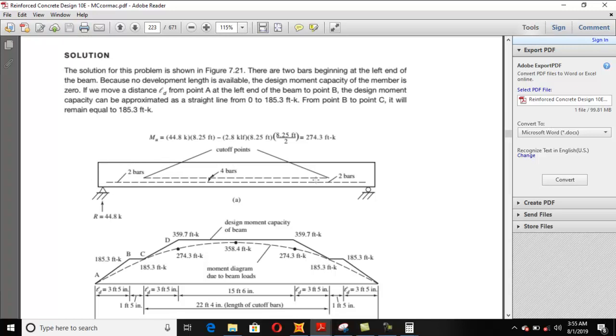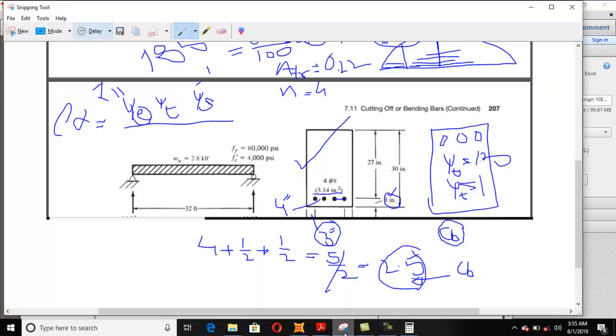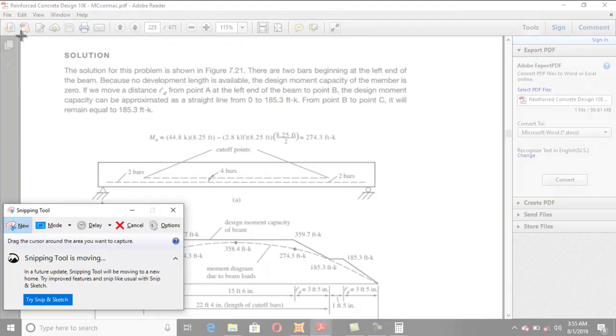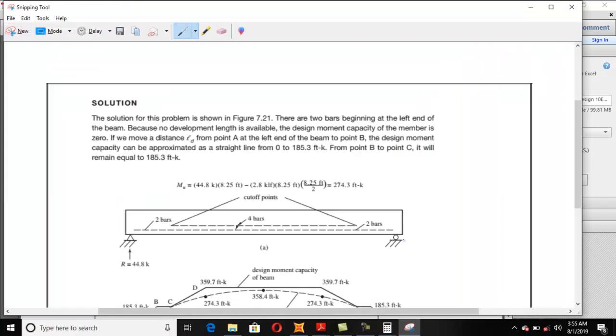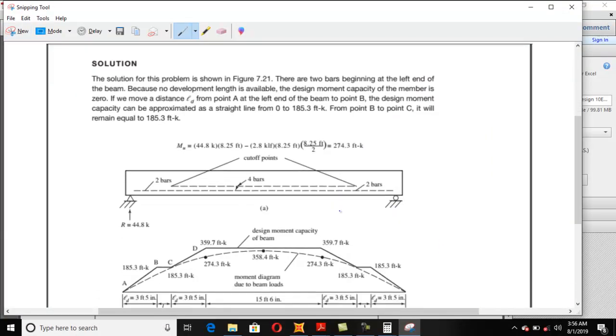Now, we are basically concerned with cut-off bars, cut-off points, where those points lie. So this is the beam. Clear? And these are the support reactions.